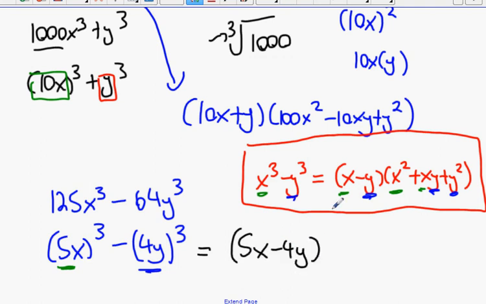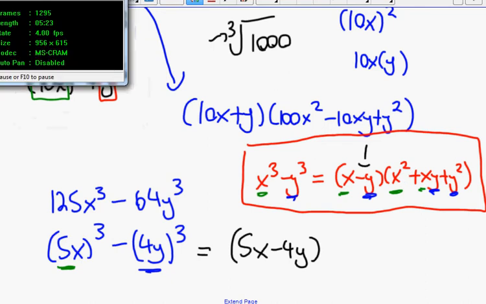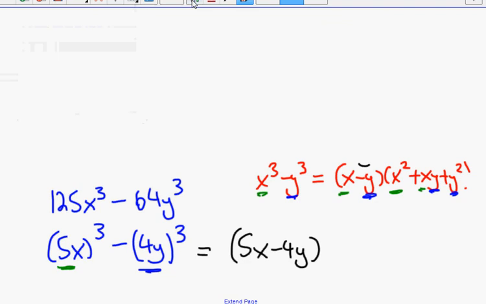5x minus 4y. No, the other one. This is x cubed minus y cubed, something cubed minus something cubed. There's a different formula. Guys, there's two preset formulas. One of the preset formulas you can see below you, for something cubed minus something cubed. This formula here will always work for that.